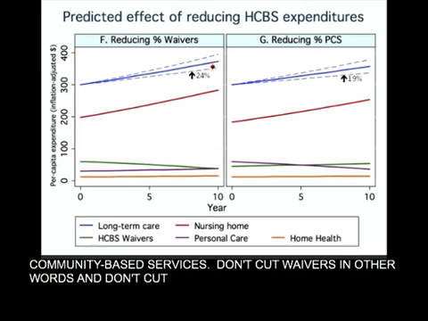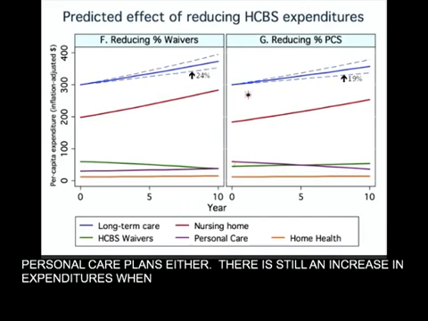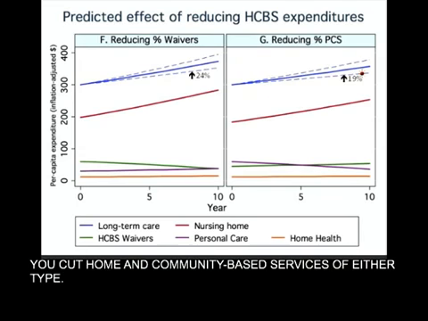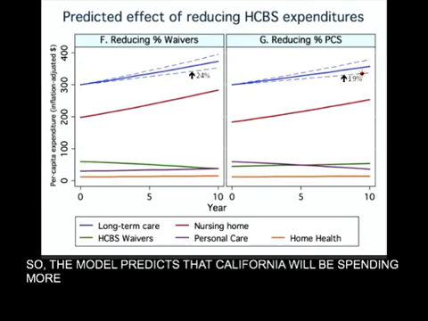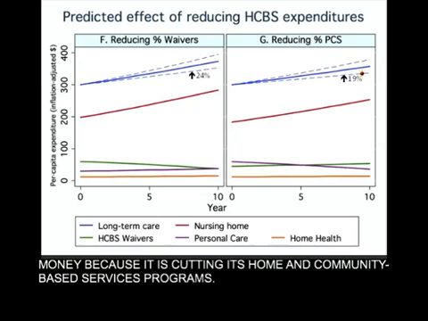So don't cut waivers, in other words. Well, don't cut personal care plans either, because although you don't see quite as dramatic an increase, there's still an increase in expenditures when you cut home and community-based services of either type. So this is what the model predicts. The model predicts that California will be spending more money because it's cutting its home and community-based services programs.